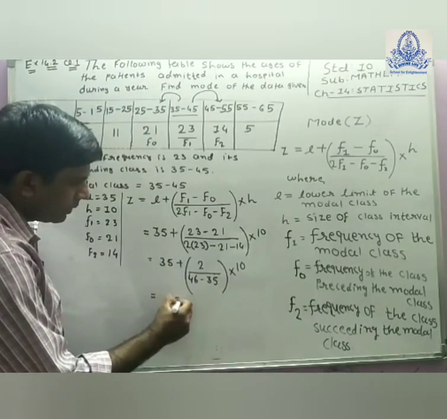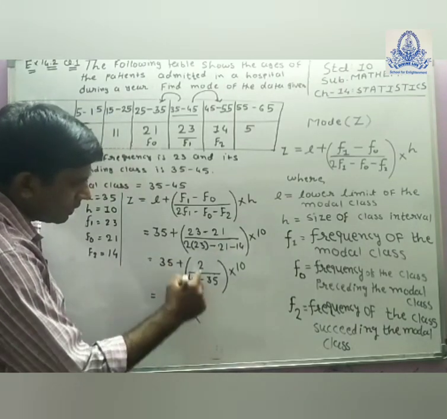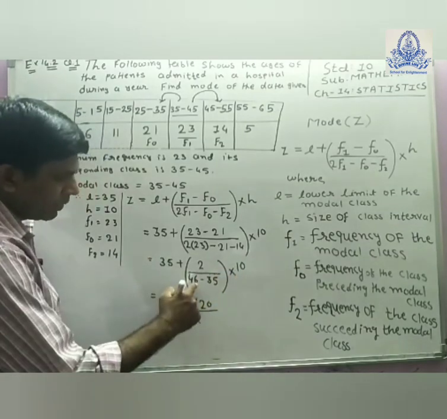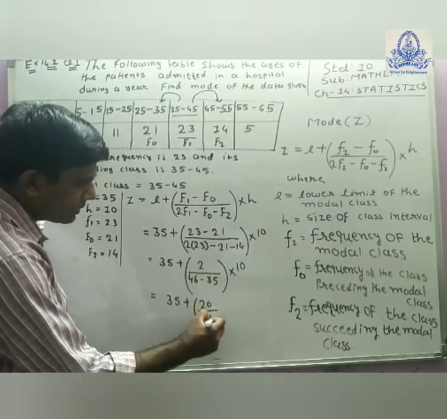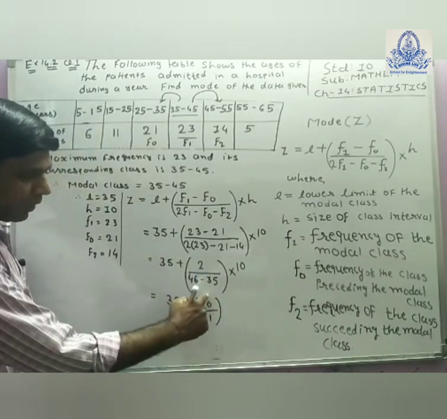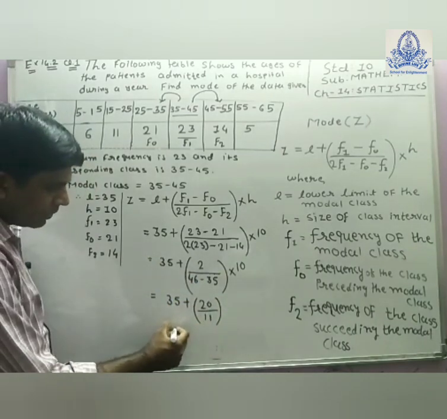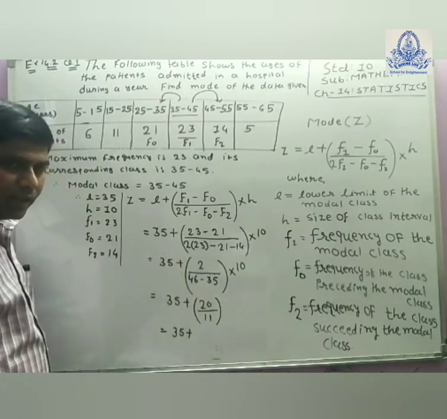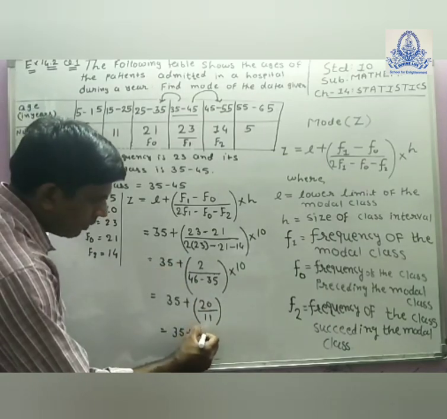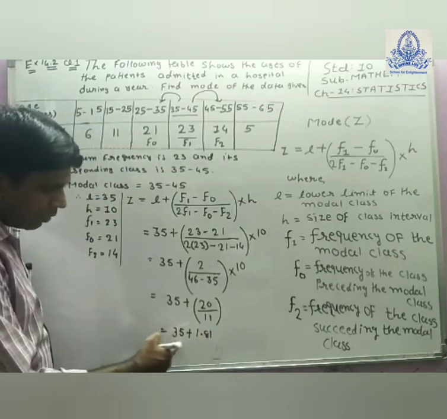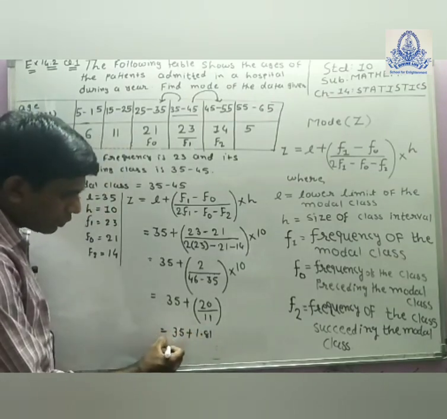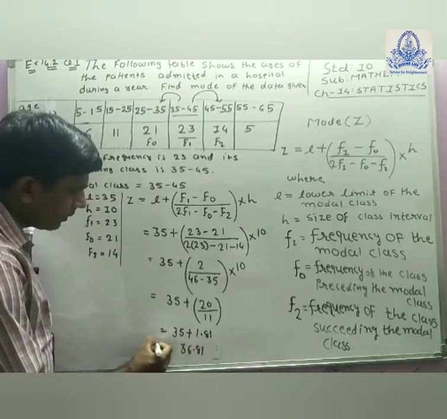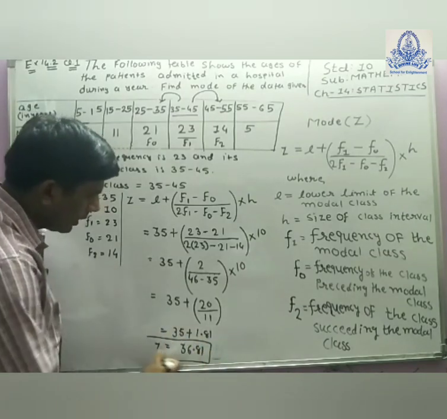So 35 plus 2 into 10, answer is 20, upon 46 minus 35, answer is 11. Now 20 is divided by 11, so 35 as it is plus 20 divided by 11, the approximate answer is 1.81. Now 35 plus 1.81, so your answer is 36.81. So this is your answer.